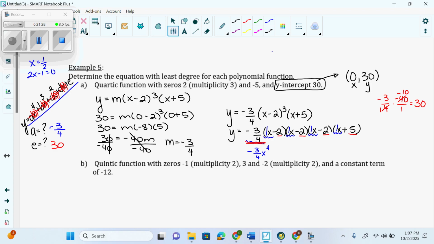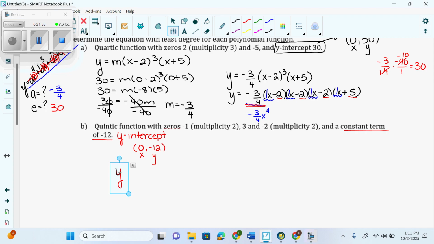Leading to the next question. Let's look at it. It says quintic function. Quintic is what? Degree 5. Okay, we got this. Oh, a constant term of negative 12. What did they indirectly give you? The y-intercept. Cole, you just connected those. Good job. 0 and negative 12. X, y. Go.